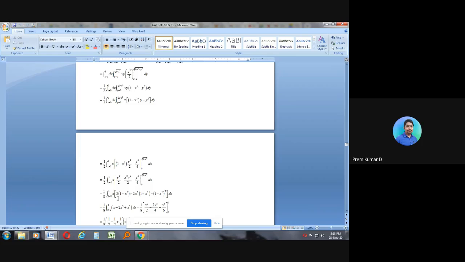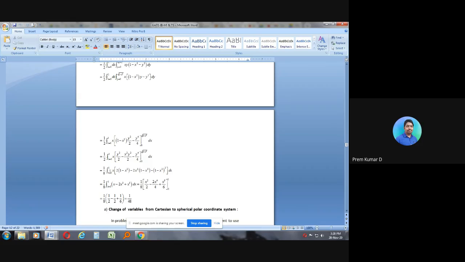Next, at the last we have to integrate with respect to x. So totally it is a simplification. You have to do this. The main point is that in double integration also, in triple integration also, we have to integrate the variable limit first and then the constant limit variable.